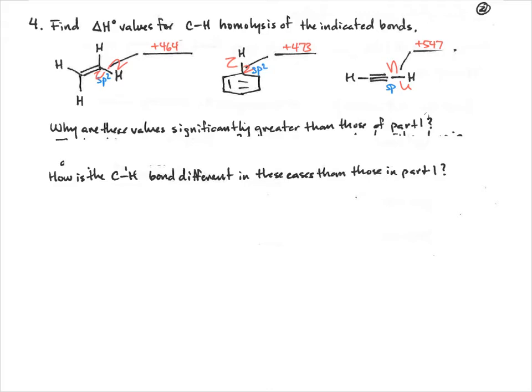So those are much, much higher than hydrogen atoms bonded to sp3 hybridized carbon. So we've made a distinction. For this example here, all of these only have one unique type of hydrogen.